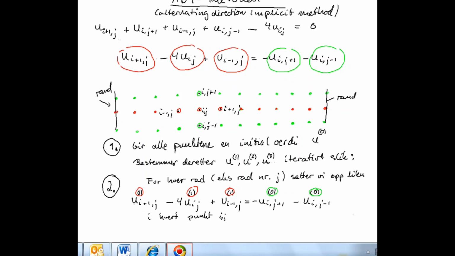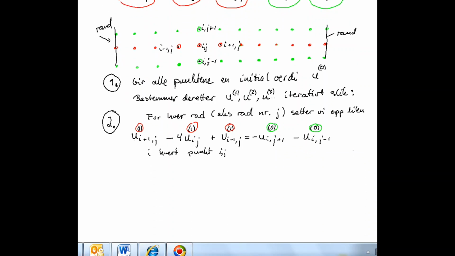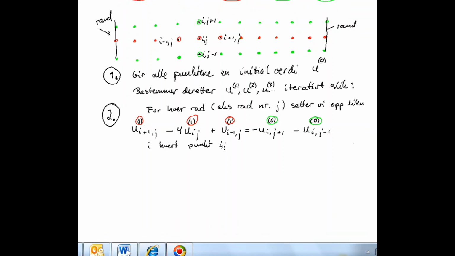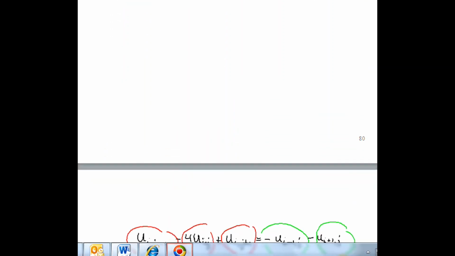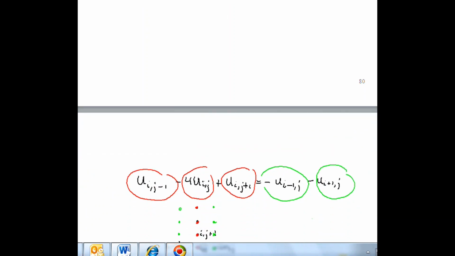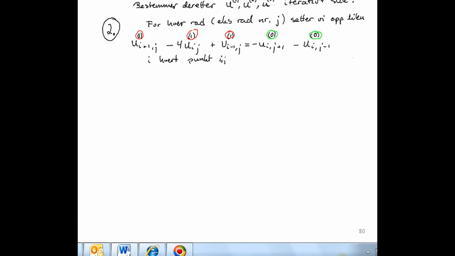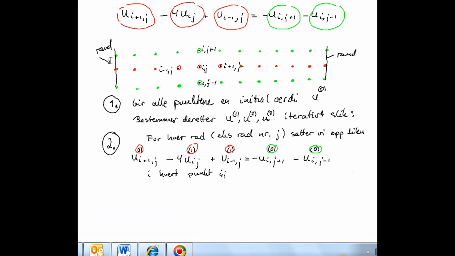So these problems turn out to be very simple to solve. When we have done this, found these points on every row, let me just show you. We go through all these rows and compute these values u^1.